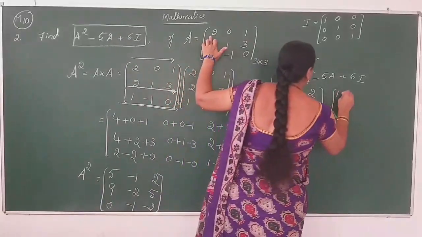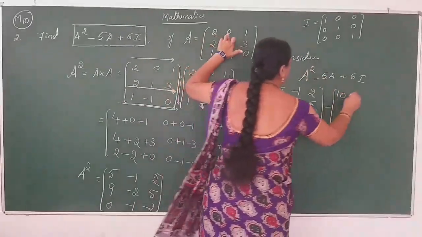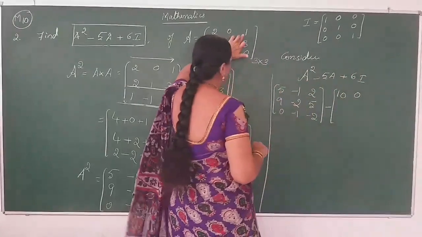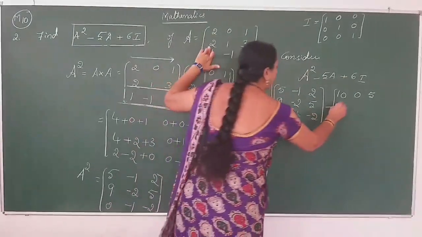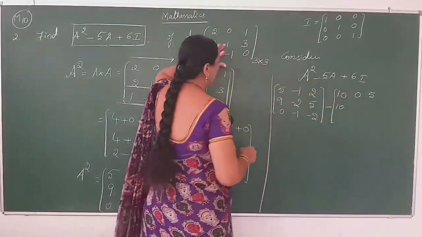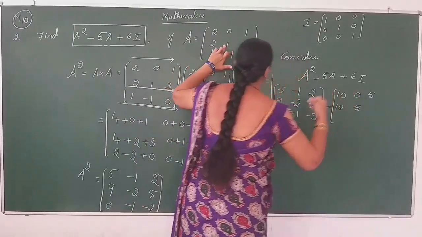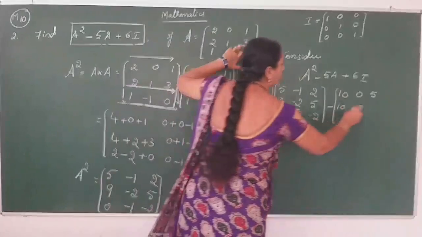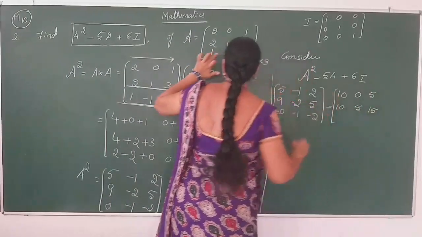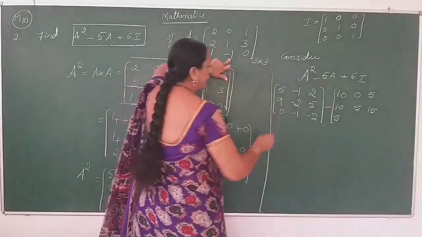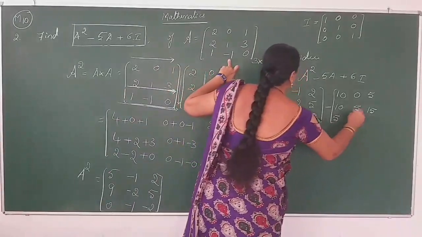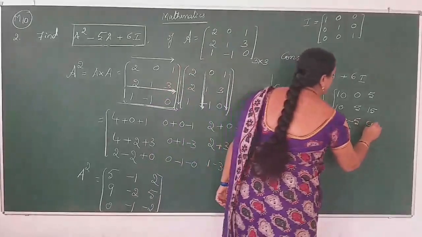That is 5 into 2 is 10, 5 into 0 is 0, 5 into 1 is 5, again 5 into 2 is 10, 5 into 1 is 5, 5 into 3 is 15. In the third row, 5 into 1 is 5, 5 into minus 1 is minus 5, 5 into 0 is 0.